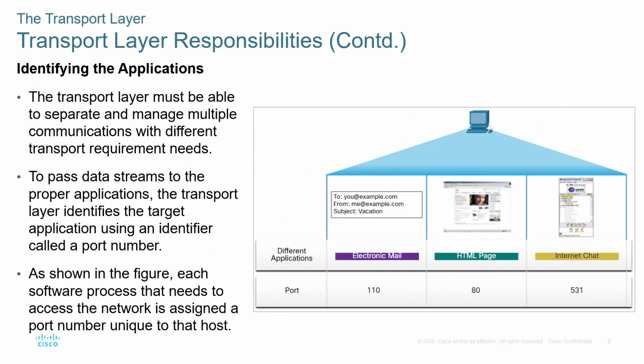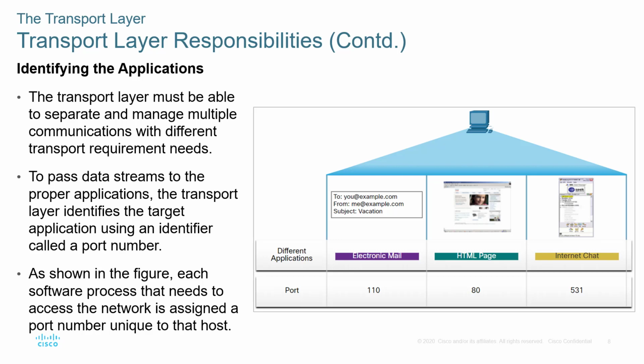Identifying the application is going to be based off of service ports. Normally, port 110 is going to be email. Port 80 or port 443 might be a web page. Internet chat is normally port 531. These are ways to actually separate the logical flow of traffic based off of the category or type of traffic.